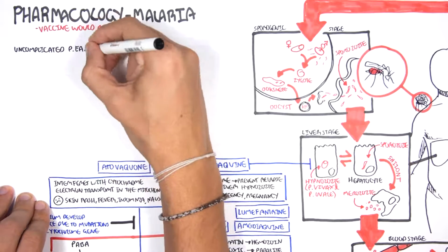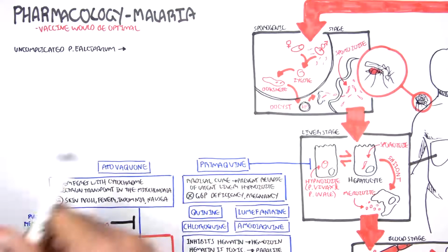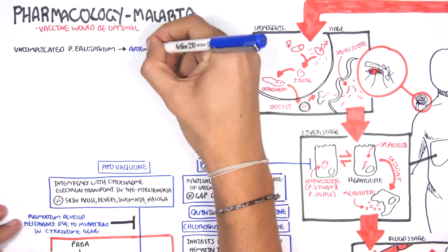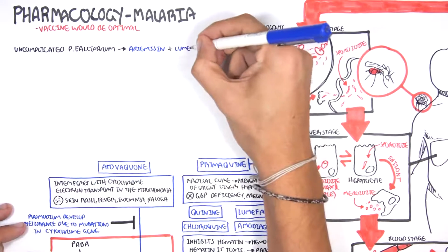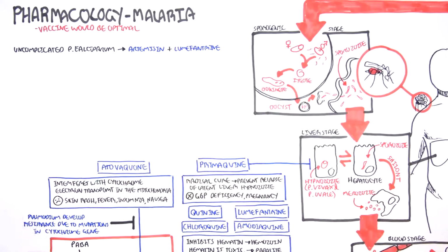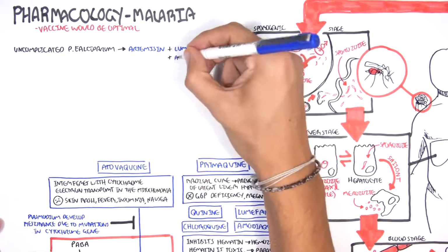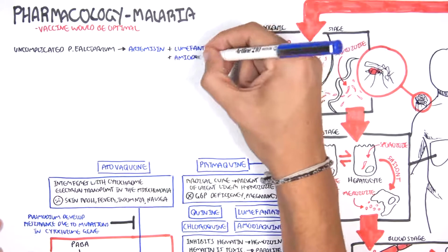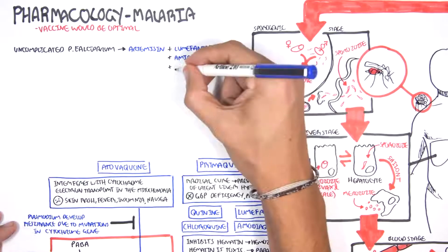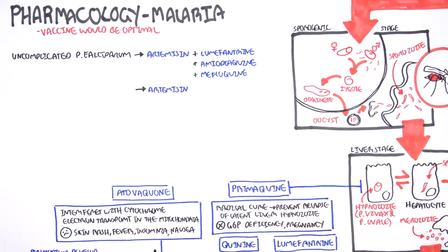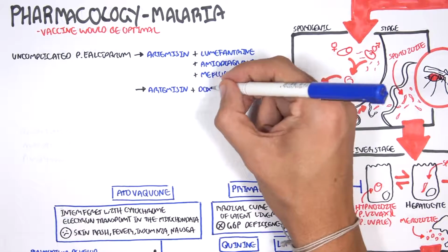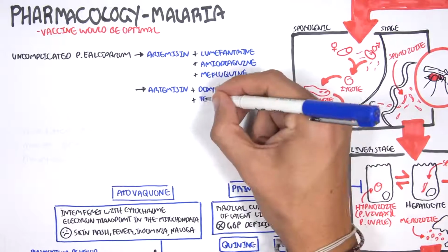So for uncomplicated P. falciparum malaria, we would give a patient artemisinins plus a quinolone, firstly lumefantrine, or if not lumefantrine, another type of quinolone. Or if we can't give them a quinolone, we would give them artemisinins plus a protein synthesis inhibitor such as doxycycline or tetracycline.